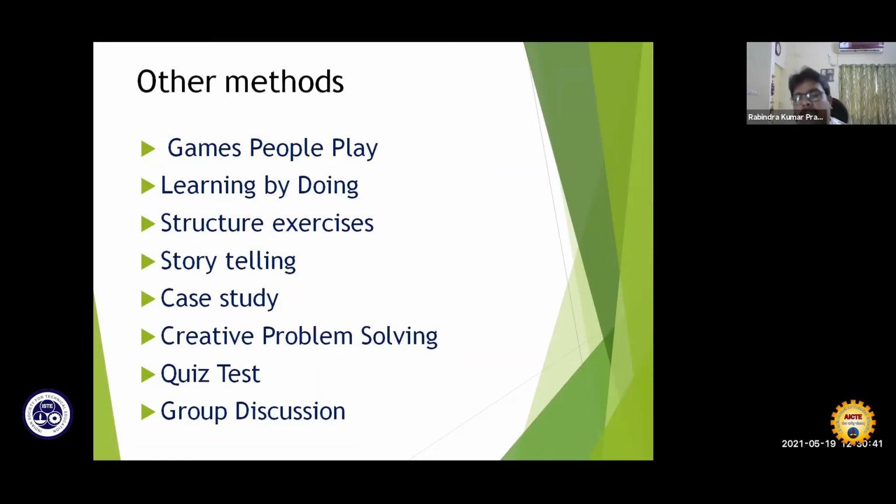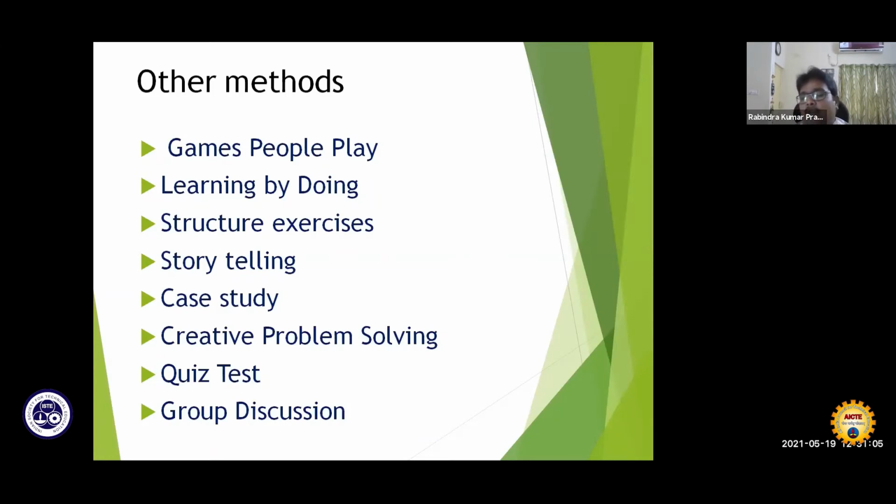Some will talk in favor, some in disfavor. So at the end of the discussion, you will draw certain conclusions by summarizing the plus points and the negative points. Here the teacher acts as a moderator, just facilitating.